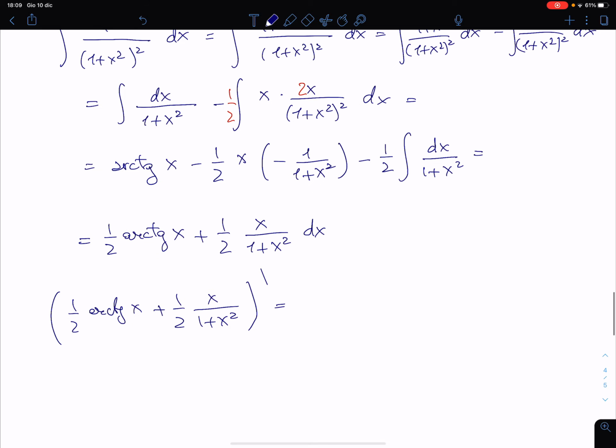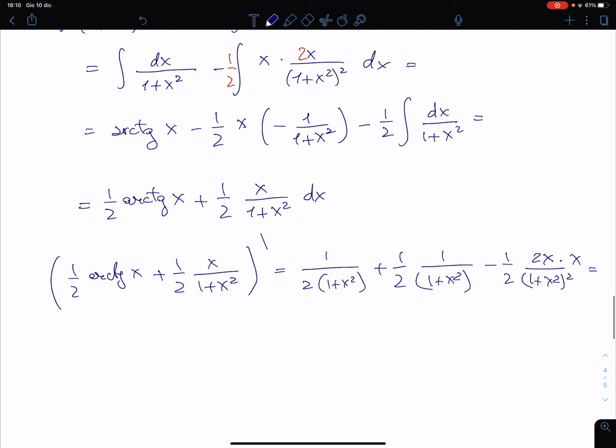So you have 1/2 over 1 plus x squared plus 1/2 over 1 plus x squared, and here minus 1/2 again, 2x divided by (1 plus x squared) squared times x.